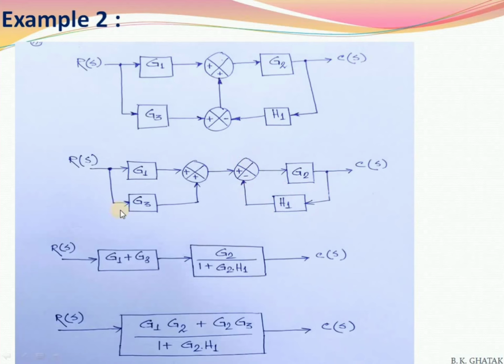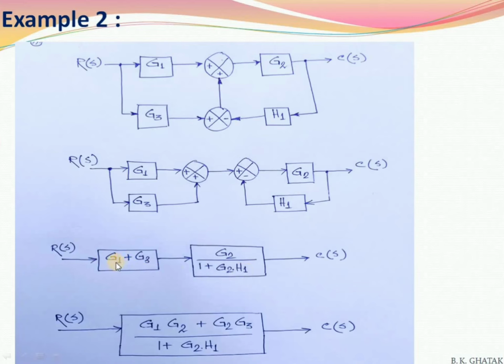So these blocks are in parallel. Clear? And this is the closed loop block. So this can be G1 plus G3, and it can easily be written as G2 by 1 plus G2 into H1. Now both the blocks are in cascade, so both blocks are multiplied together.